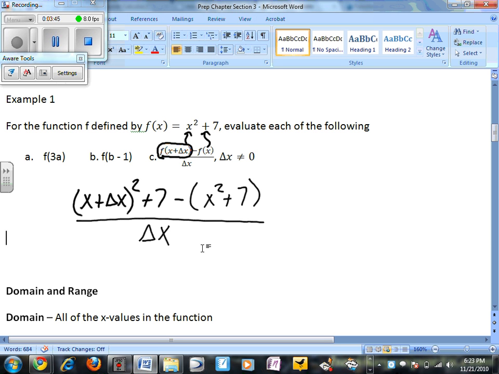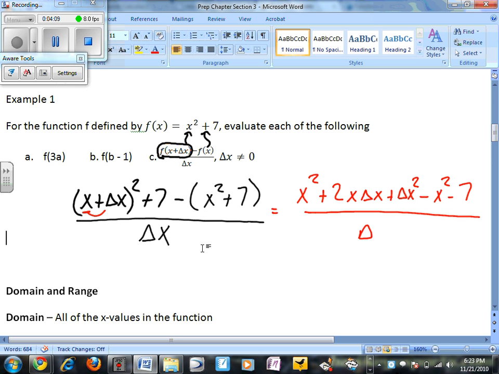Well, we can go ahead and square this out. Quick way: square the first term here, so we're going to have x squared, multiply these two and double it, so we're going to have plus 2x change of x, and then we'll have plus change of x squared. We'll have minus x squared minus 7 all over change of x.